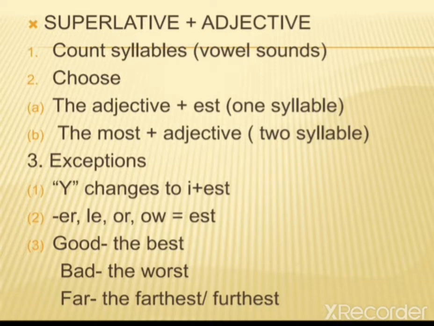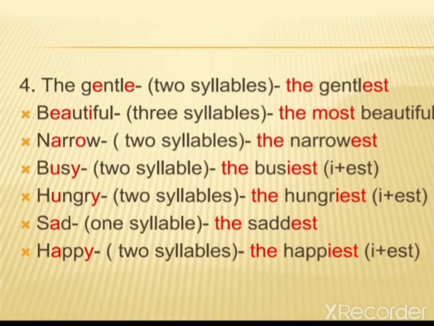If it ends in a y, so hungry, busy, and happy. These all have two syllables, but it doesn't matter, because if you have an adjective that ends in a y, we think, okay, well, it's more than one, we use the most.